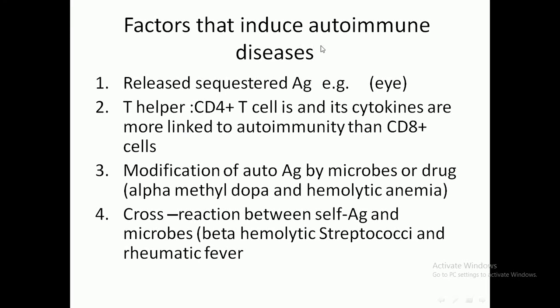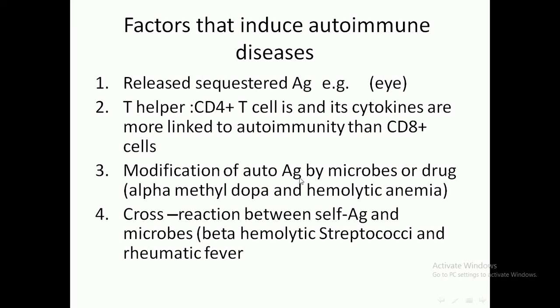Factors that induce autoimmune disease: release of sequestered antigen, for example in the eye. T helper cells, CD4 T cells, and their cytokines are more linked to autoimmunity than T cytotoxic cells.